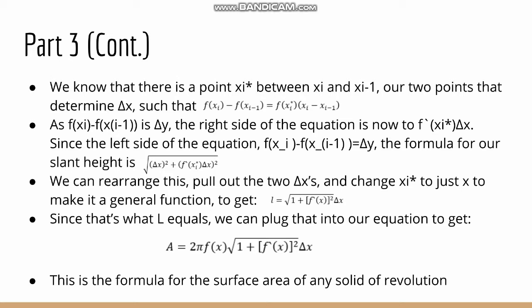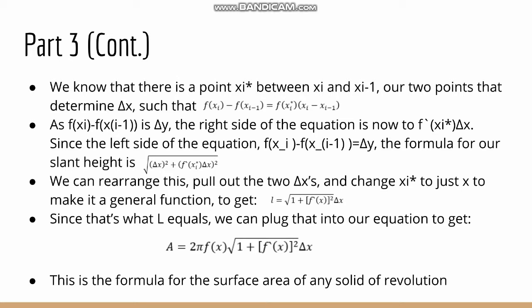If you'll notice, xi and xi minus 1 are two x coordinates, and that's essentially delta x. And f of xi minus f of xi minus 1 is delta y, because it's the difference in y. So the left side of the equation is now delta y, and the right side is the derivative at xi star times delta x.